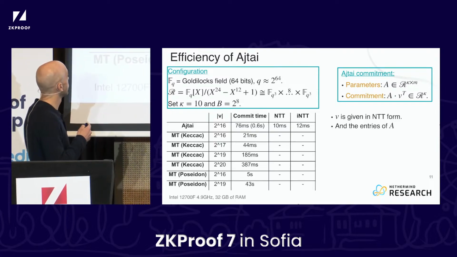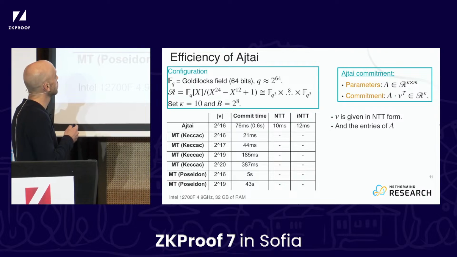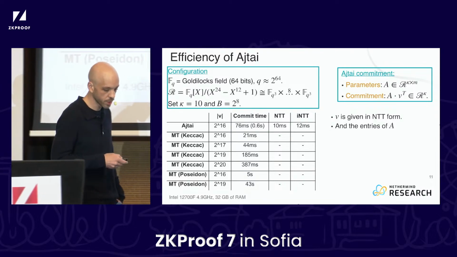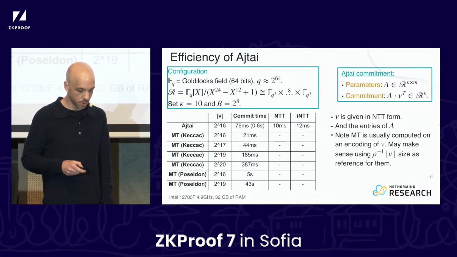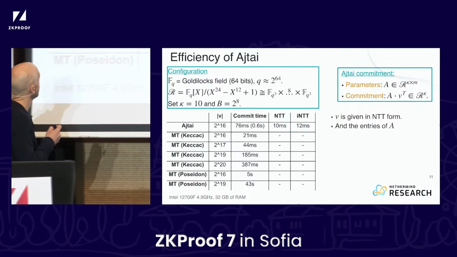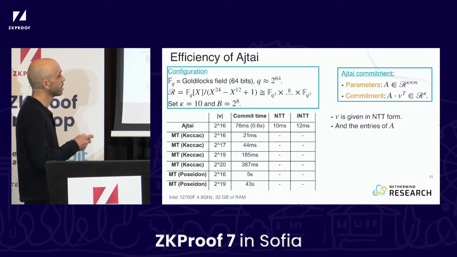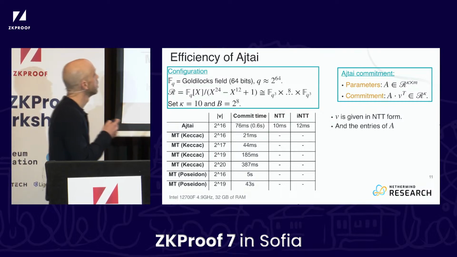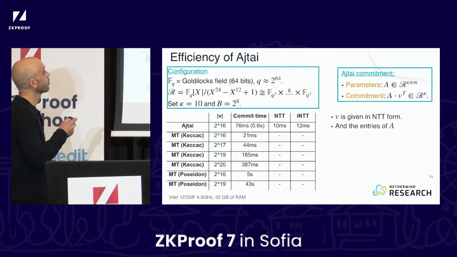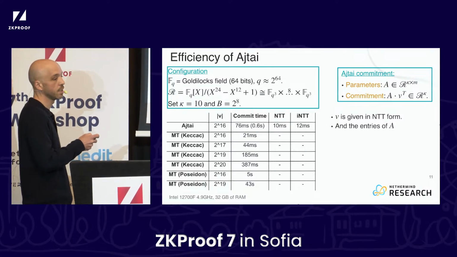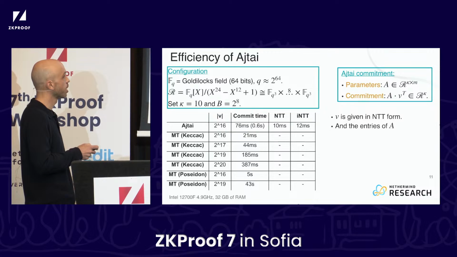And okay, so now I'm going to compare these commitments to the cost of committing with Merkle trees. Here, in each row there's the cost of computing a Merkle tree commitment to vectors of different size using different hashes for the Merkle tree. Again, I'm going to compare the cost of committing to 2 to the 16 ring elements with the cost of committing to 2 to the 19 field elements because of this ring packing technique I explained.